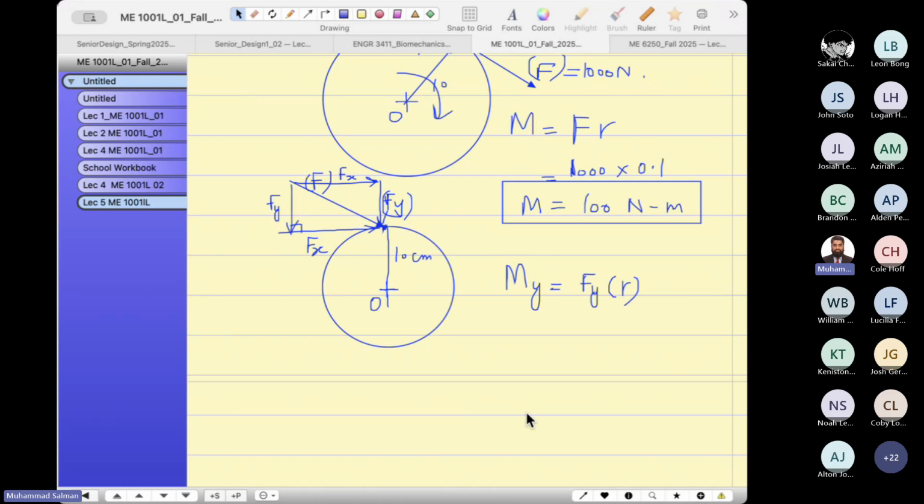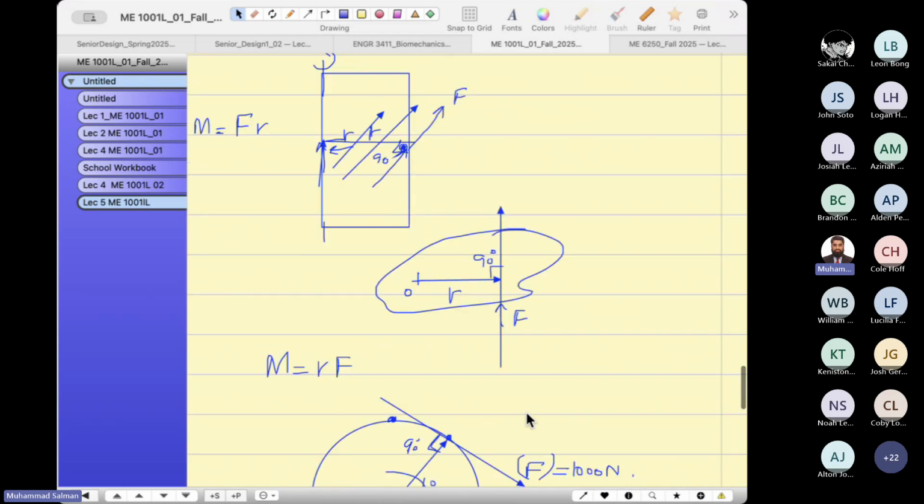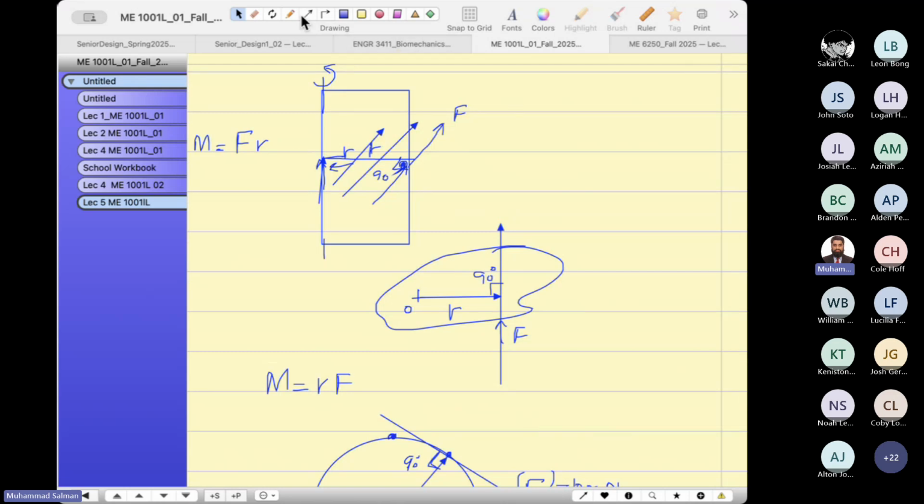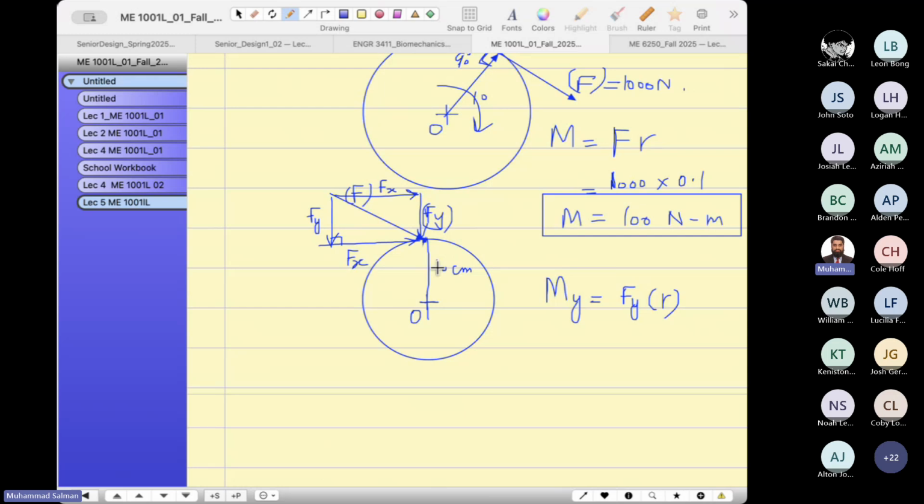Let me show you the definition. The definition of R is the perpendicular distance from the line of action of the force to the axis of rotation. Now look at this diagram. This is the force. What is the perpendicular distance of this force with respect to O, the axis of rotation?